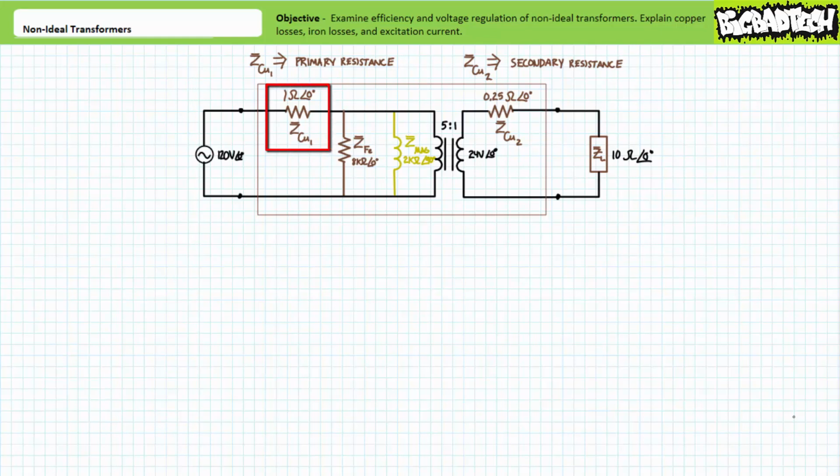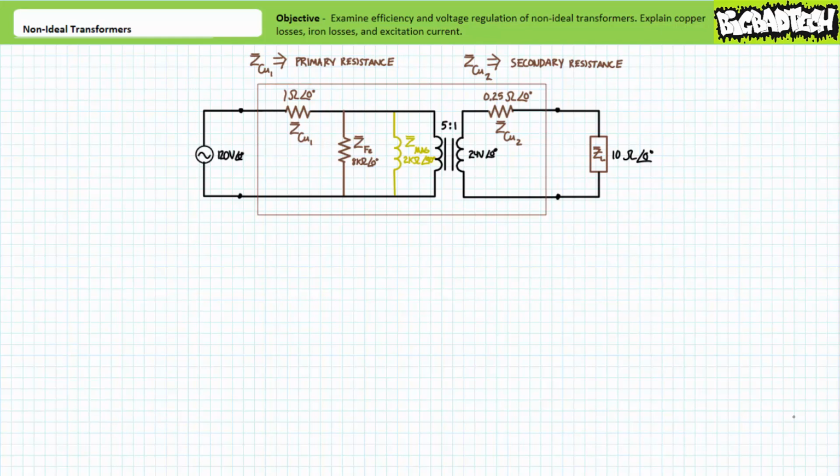Similarly, let's say that the primary winding can be modeled as having a slightly larger internal resistance, ZCU1, of 1 ohm in series with a parallel combination of the resistor accounting for iron losses associated with eddy currents, the inductor accounting for both magnetizing current and hysteresis, and the primary winding of an ideal 5-to-1 step-down transformer.